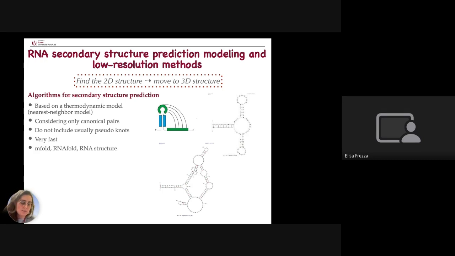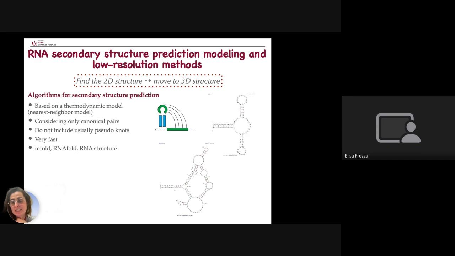They consider only canonical pairing at first stage, and do not use pseudoknots. A pseudoknot is a specific feature of RNA, a 3D contact where we have an interaction between the loop, for example, of a stem loop, and a completely distant region. This is a really particular type of interaction that is very famous for RNA stability.